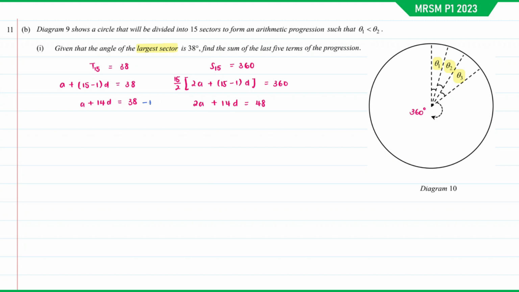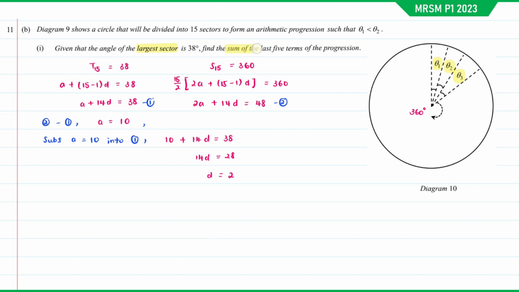Let's label this as equation 1 and this as equation 2. When equation 2 minus equation 1, we find that a is equal to 10. Next, we substitute a equal to 10 into equation 1. So 10 plus 14d equals 38, so 14d equals 28 and d is equal to 2.